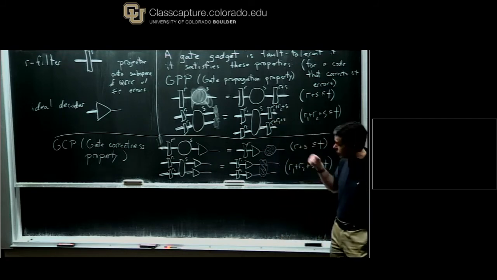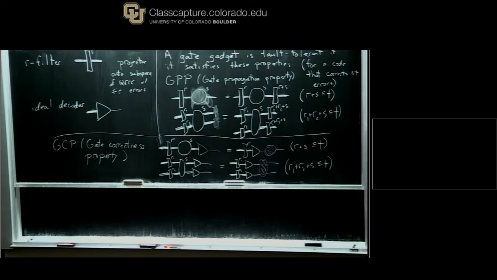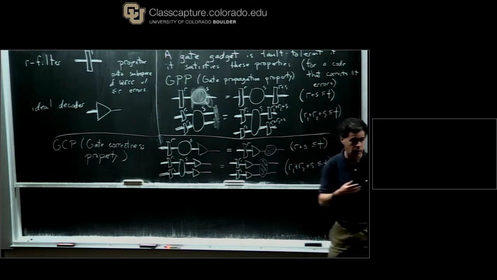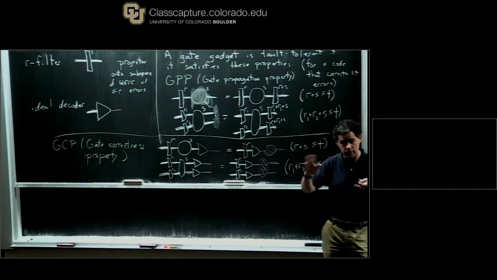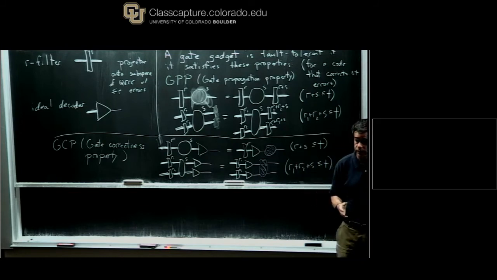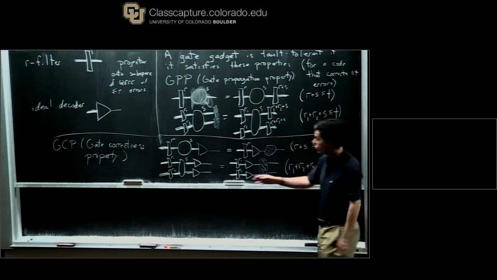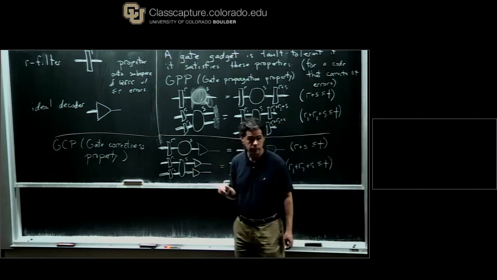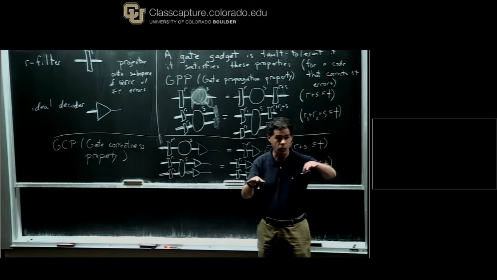The correctness property is a little trickier, but there you can see that the errors won't accumulate. So let's again think of the single block case. You start out with R errors. So you have some number of qubits, R of them might have errors in them, and we do this transversal gate that might have S more faults.